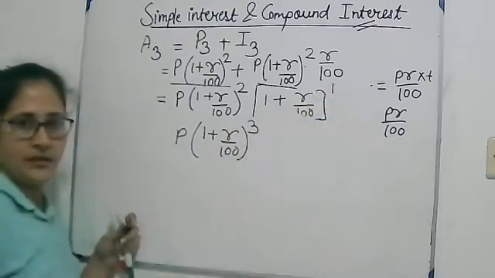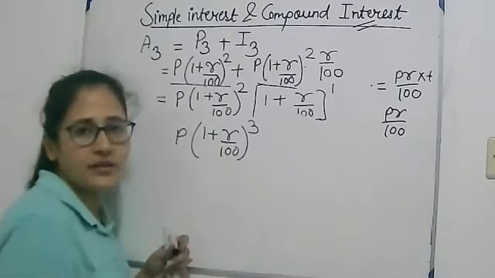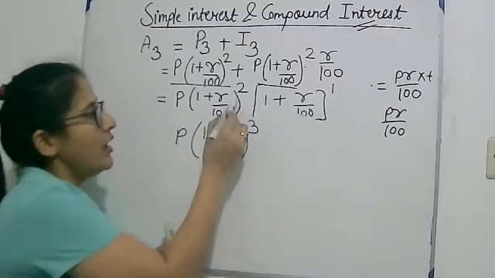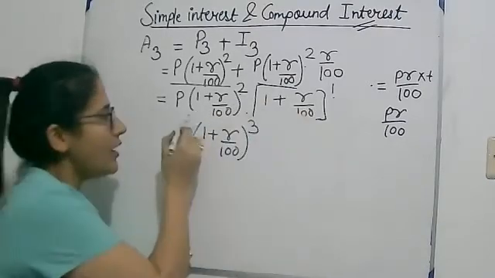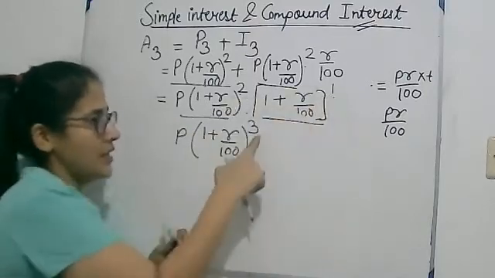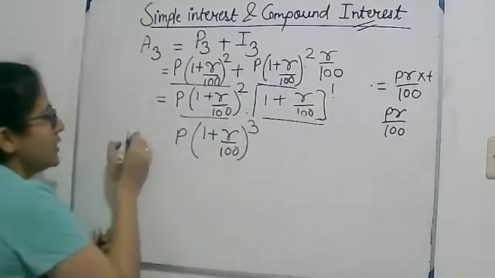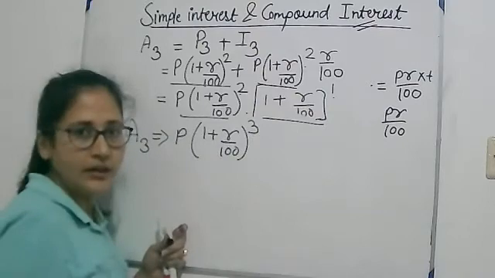Now we are using indices here. This is the reason compound interest is in the chapter of indices. Now here it is power 2, here it is power 1. In between it is multiply and the base is the same. So 2 plus 1 is 3. This is the amount which we have to pay back in the end of the third year.